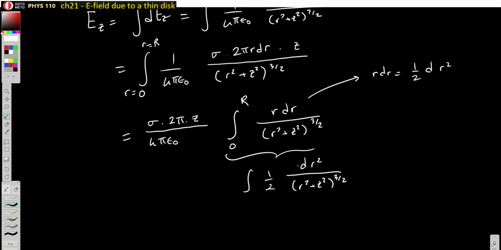By just looking at that expression, you can see which variable you should define for the change of variable. So you're going to call this r squared the new variable u.